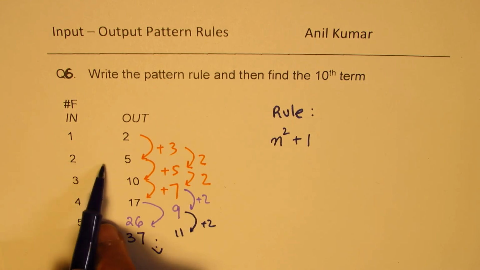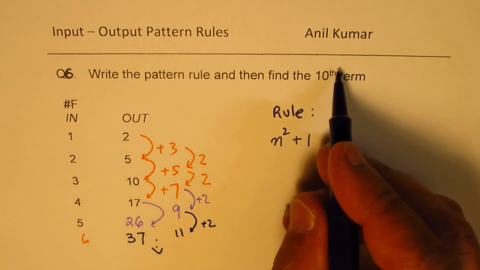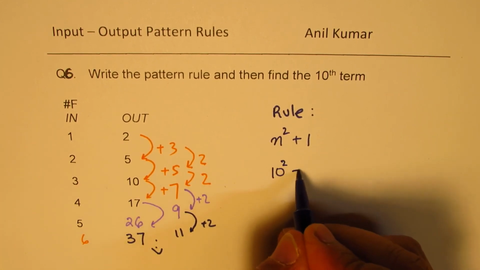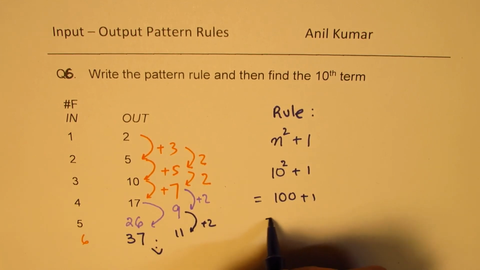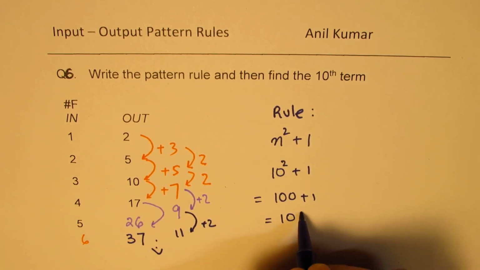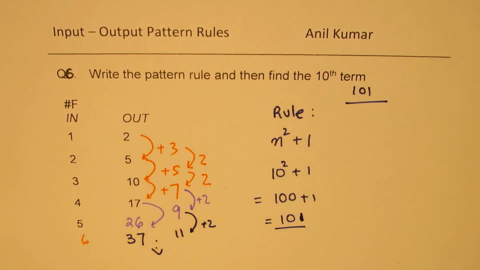So if I do 2 square plus 1, I get 5. 3 square plus 1, I get 10. 4 square is 16, right? So the 10th term should be 10 square plus 1, which is 100 plus 1, or 101, right? So 101 will be our 10th number. But you could do it like this also, which is very interesting.